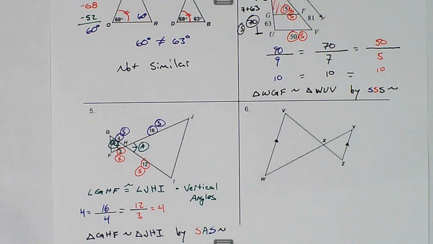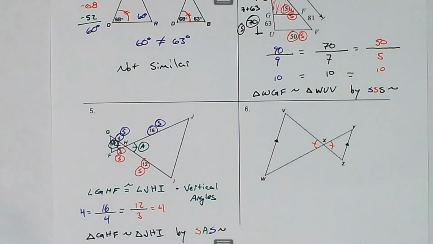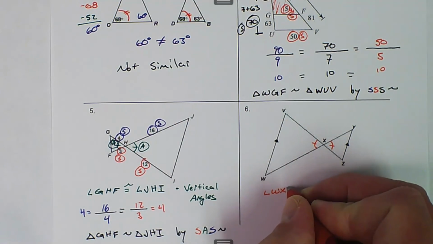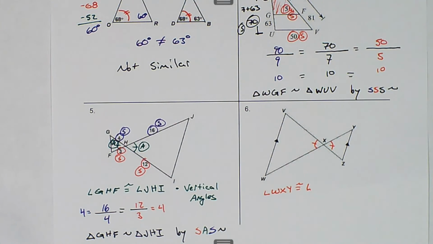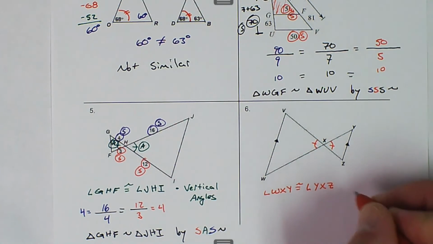We have our last example here, and the only information that we're given is that those two lines are parallel. And so, again, we can use our vertical angles right here. So we can say angle WXV is congruent to angle YXZ, and that's by vertical angles.